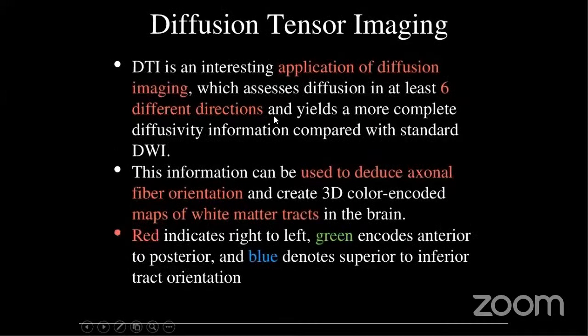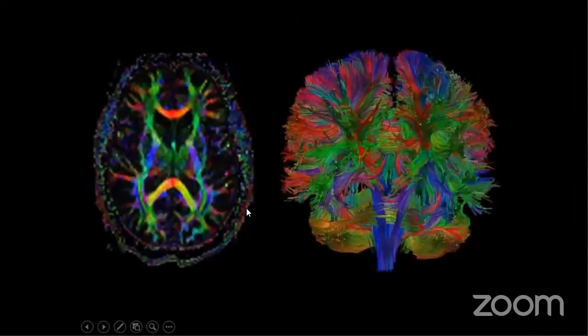Okay. Diffusion, just a few slides about diffusion tensor imaging. That is nothing but to see your white matter tracts. Red indicates the tracts that go from right to left. Green encodes anterior to posterior tracts. Blue denotes a superior to inferior tract orientation.